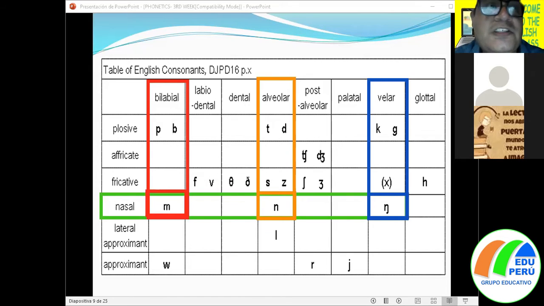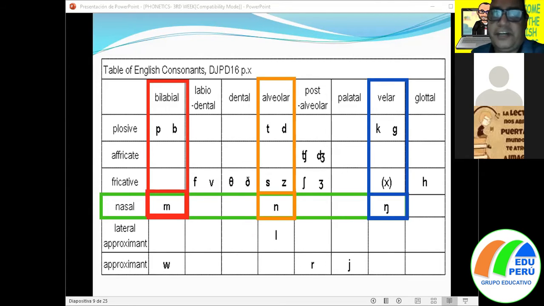Singing. Because sing finishes in this sound, sing, and then you add ing, so you use this sound twice. So singing. I was singing all night. And notice here the pronunciation, all right?